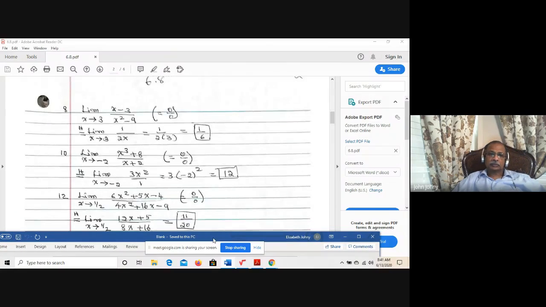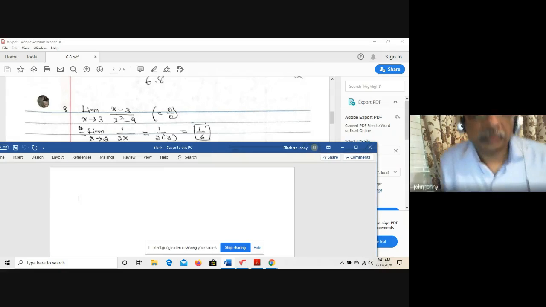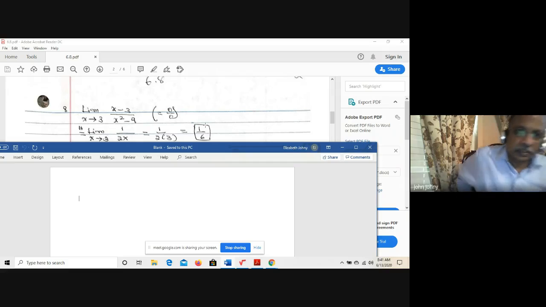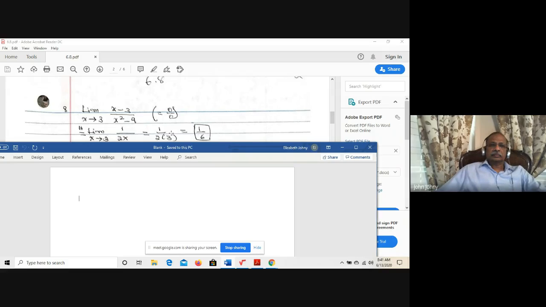This is a question from the textbook. Question number 8. Limit x approaches 3, x minus 3 divided by x squared minus 9. Substitute. When x is equal to 3, the numerator is 3 minus 3, which is 0.